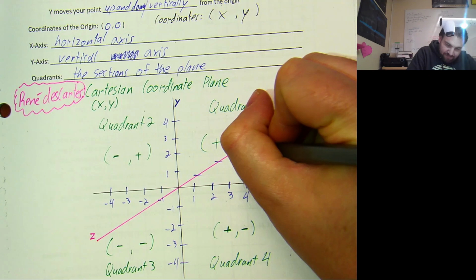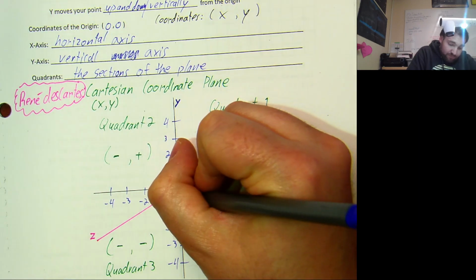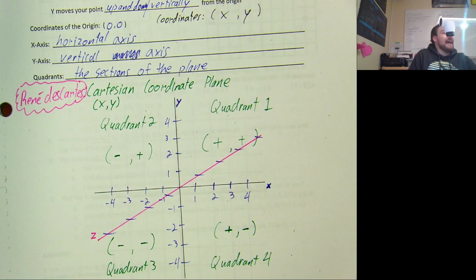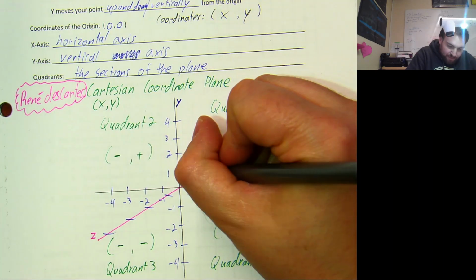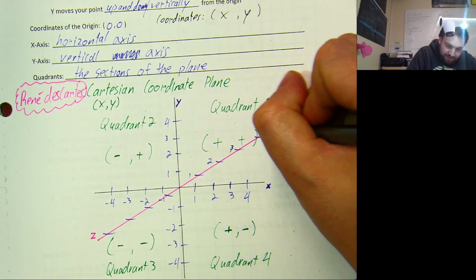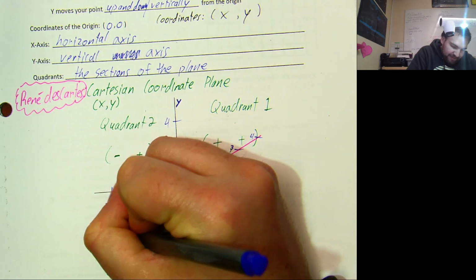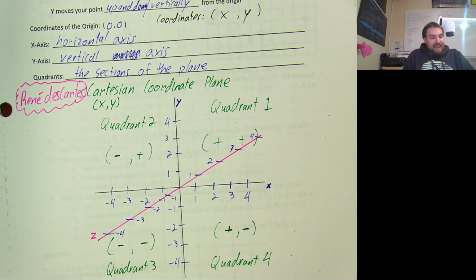So my Z-axis is going to go off like this. That's going to be 1, 2, 3, 4. So this is going to be -1, -2, -3, -4. And now we've got all of three-dimensional space here.